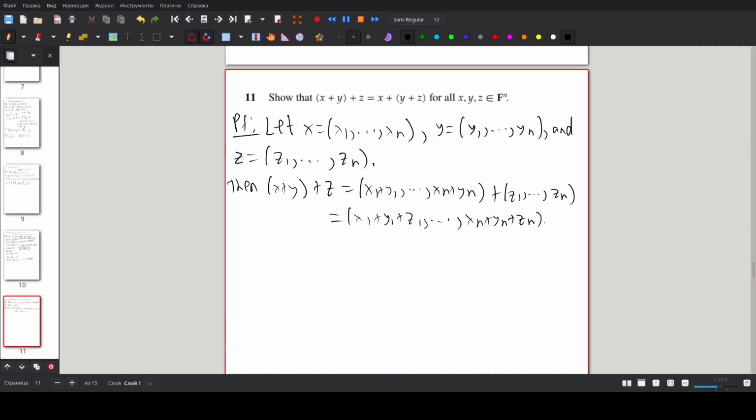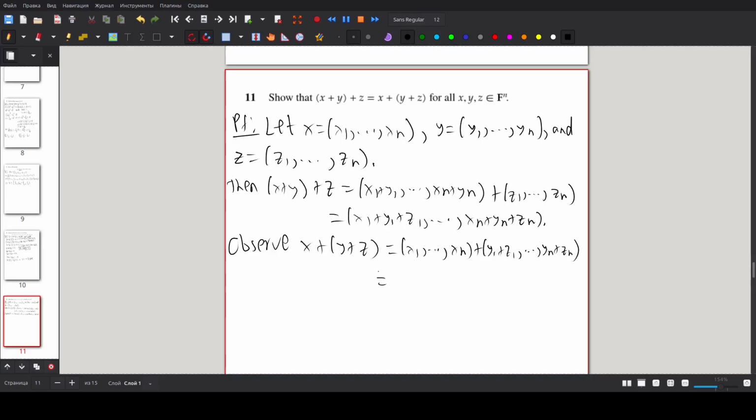Boom. Okay, now we're going to observe x plus y plus z is going to equal x1 dot dot dot xn plus y1 plus z1 dot dot dot yn plus zn, and pretty much we can just do the same thing, right?